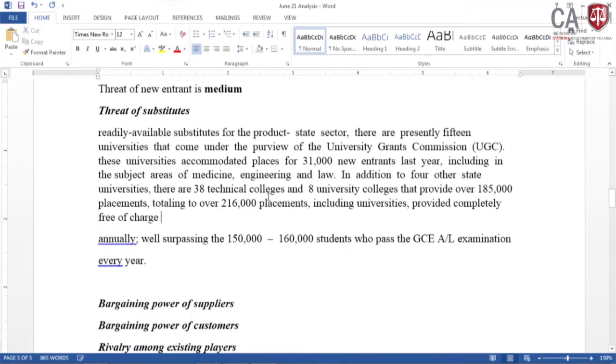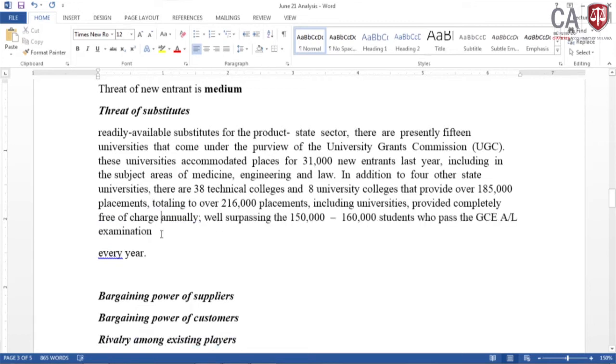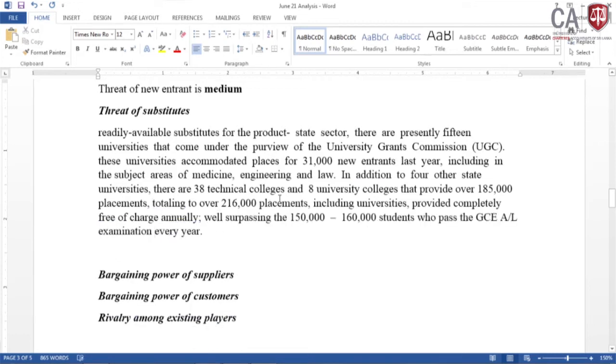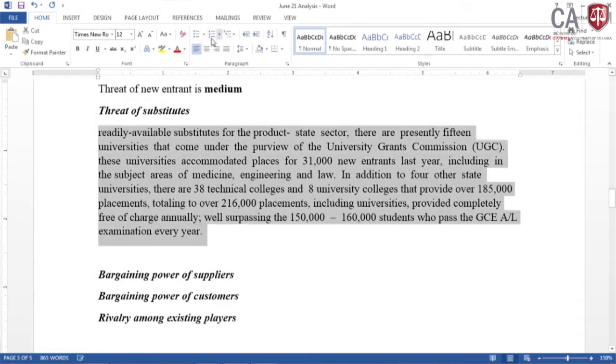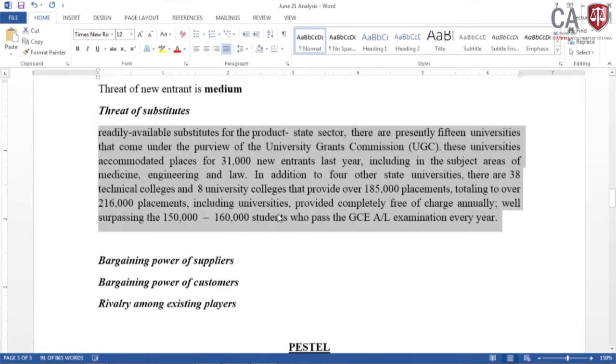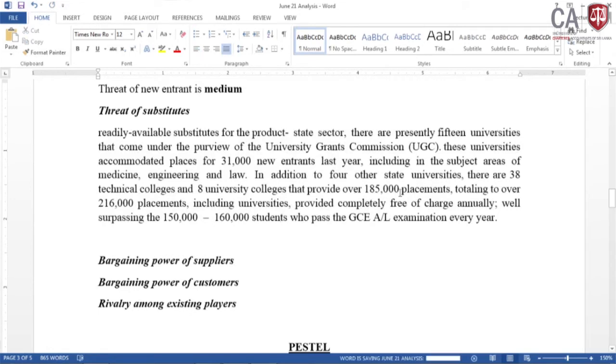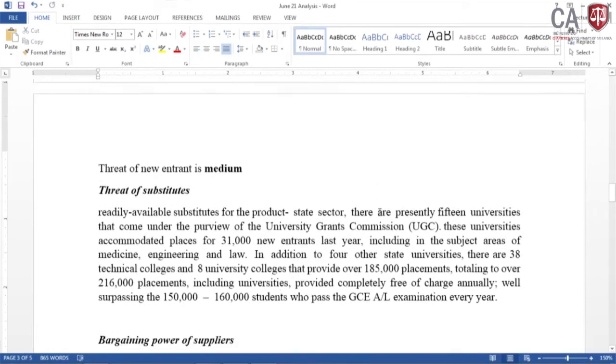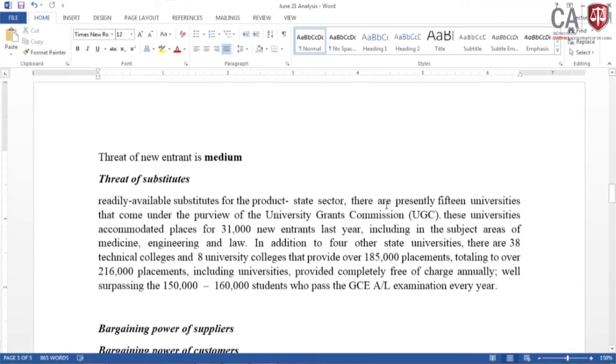Especially students who are not selected to the university, then they think about the private educational institutes. 15 universities, you can say high.